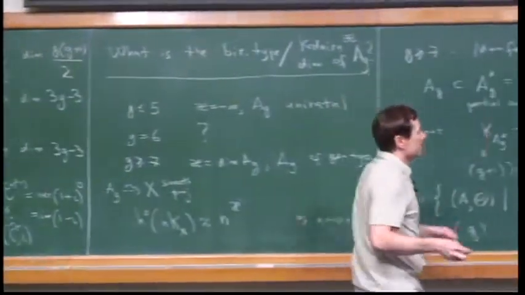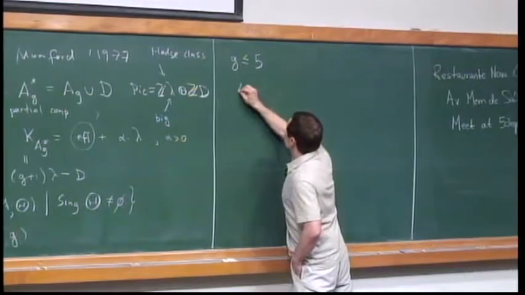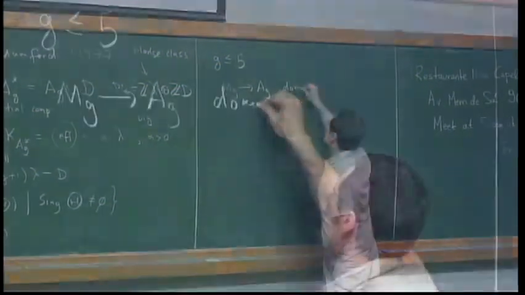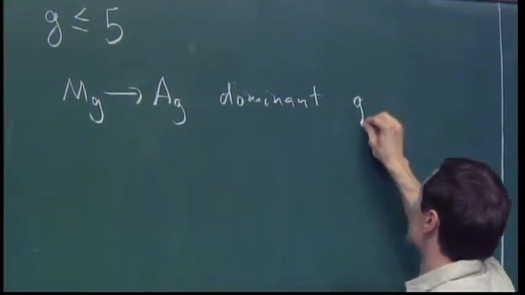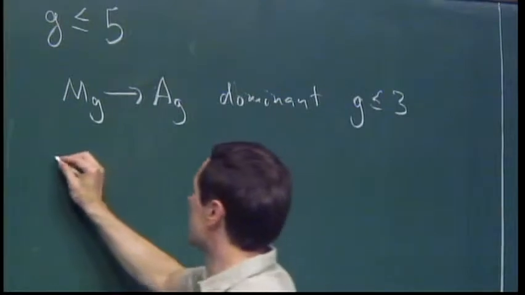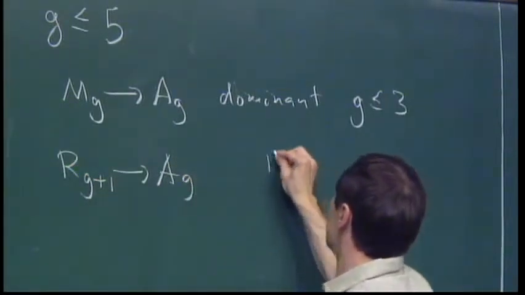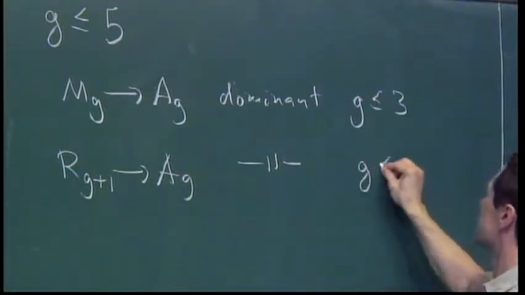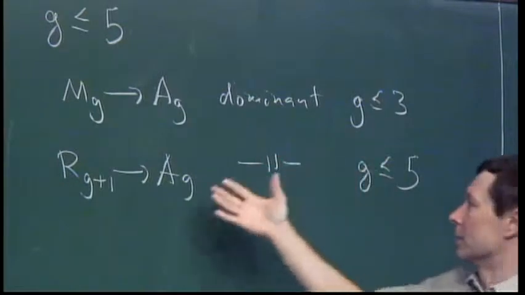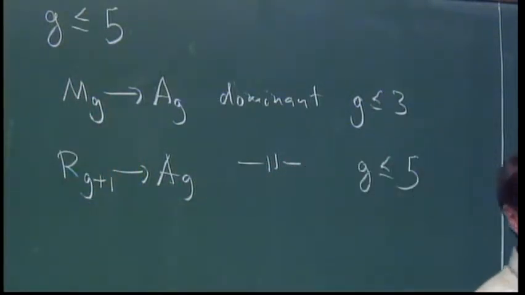The Torelli map, M_g to A_g, is dominant for g up to 3. And the Prym-Torelli map is dominant for g up to 5. And so therefore, you just prove that these moduli spaces are unirational.